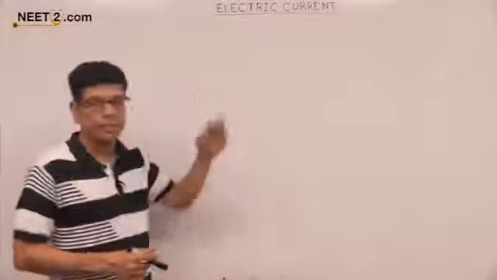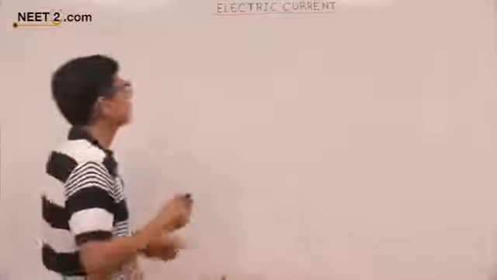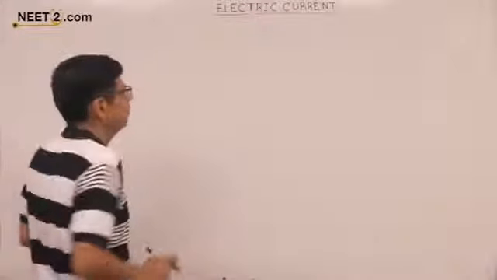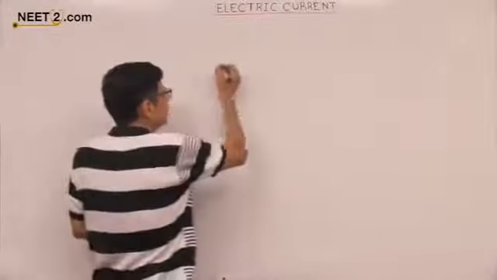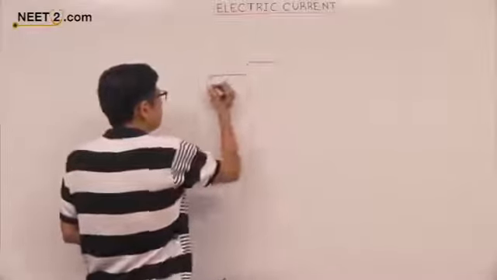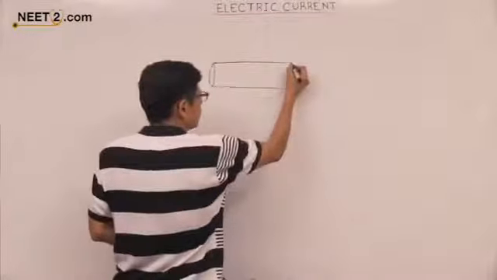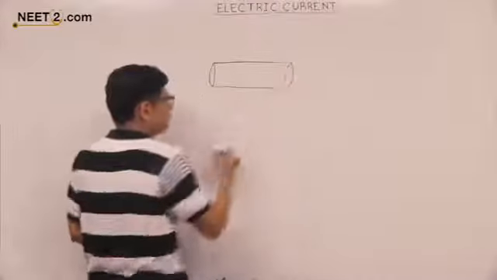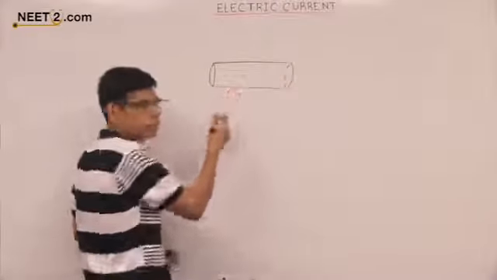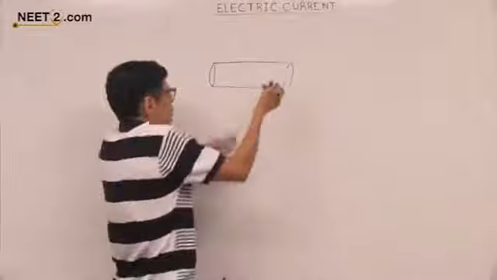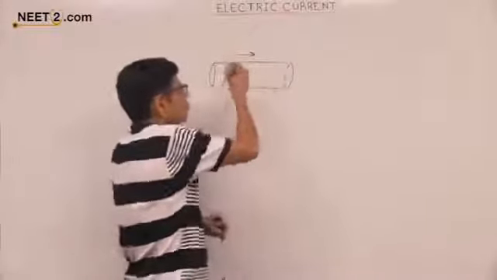Okay, first thing we'll address is what is electric current. This is a wire, and a current is flowing through it this way.